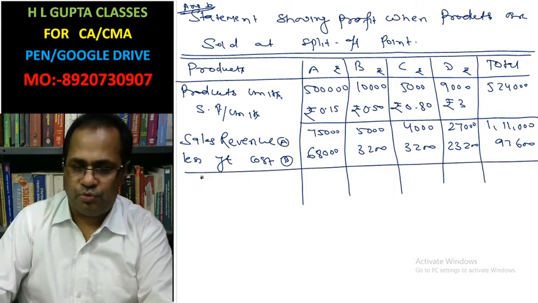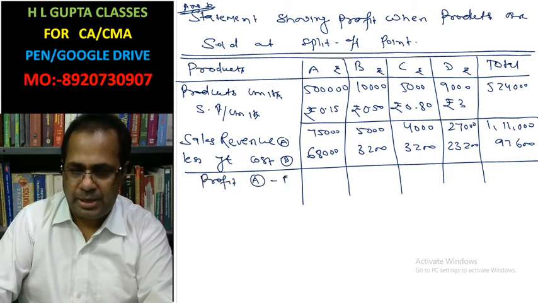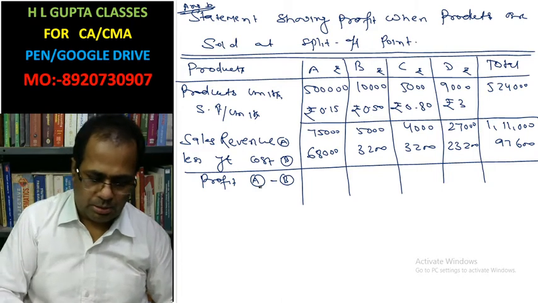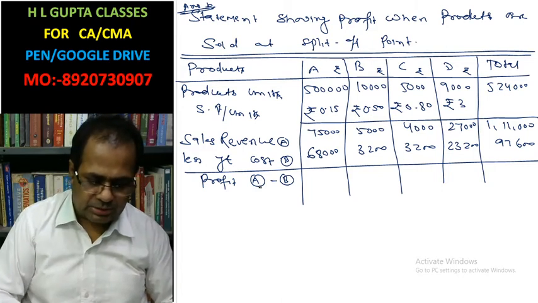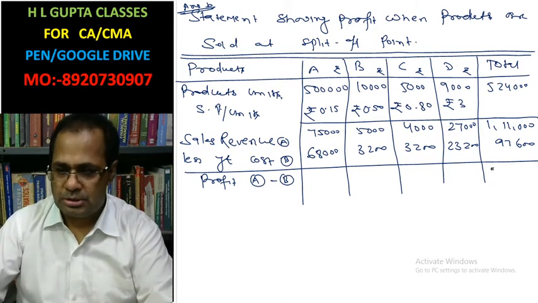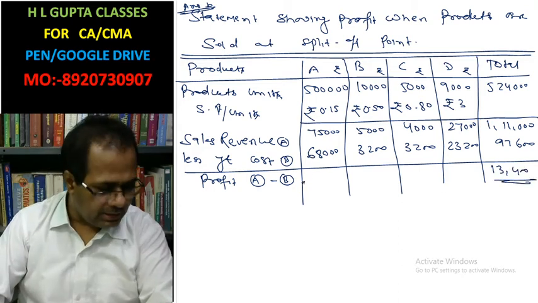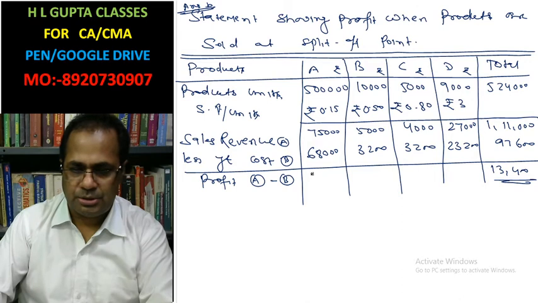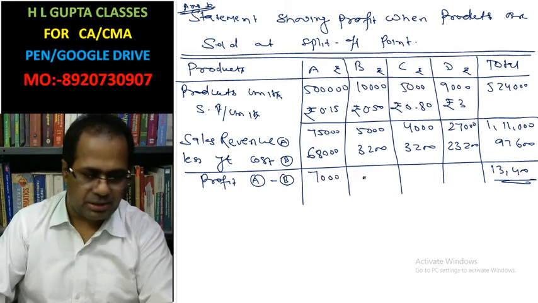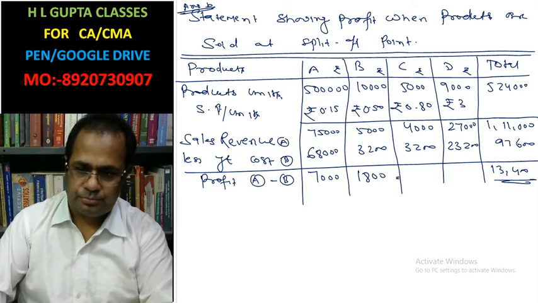What will be the profit in this case? Profit A minus B, 97,600. This is 13,400. In this case, profit is 7,000. In this case, profit is 1,800. This profit is 800.